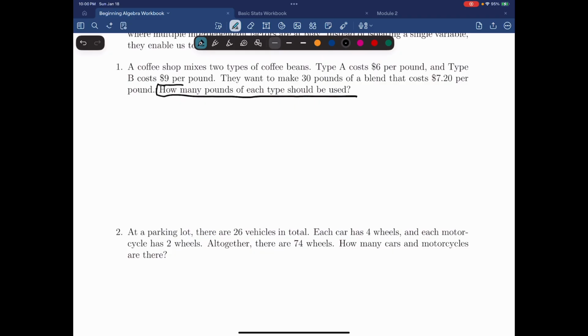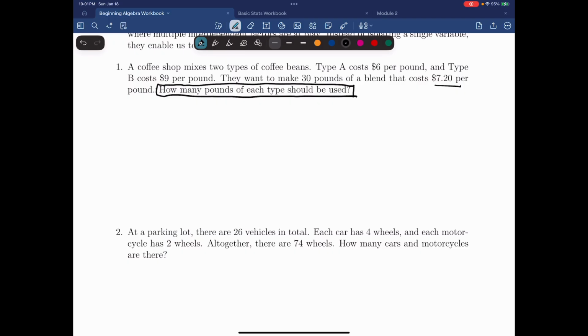And specifically, we want to know how many pounds of type A should we put in this 30-pound blend and how many pounds of type B should we put in this 30-pound blend that'll make the cost average out to $7.20 per pound. Well, the first thing that we want to do when doing any problem, especially when we have more than just one variable going on, right?